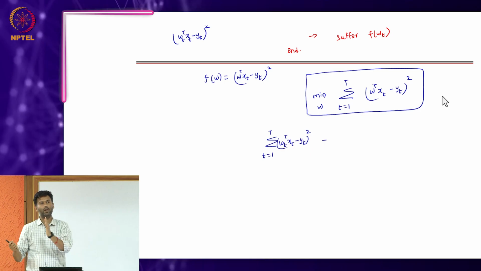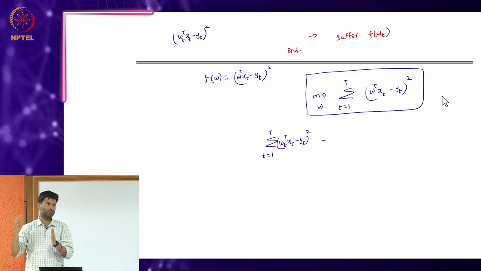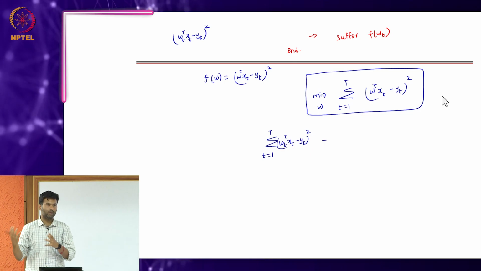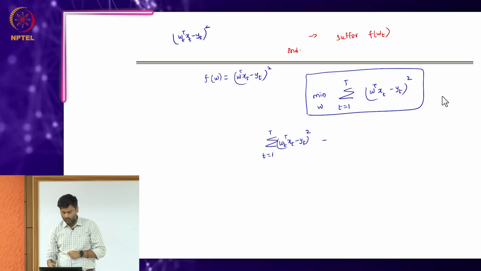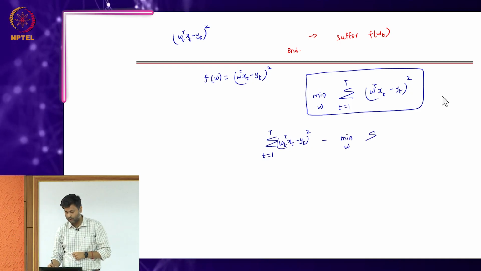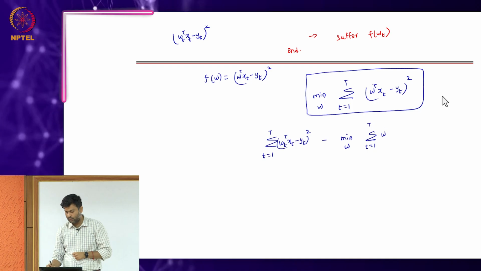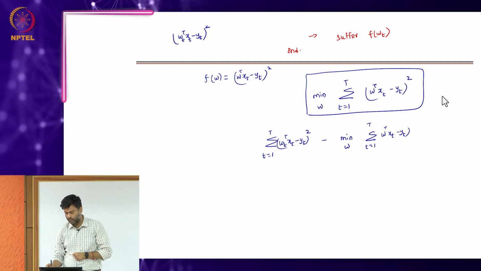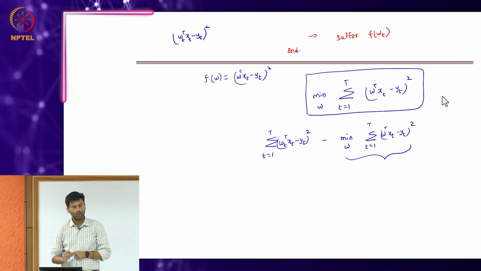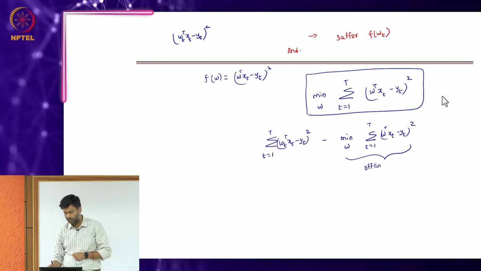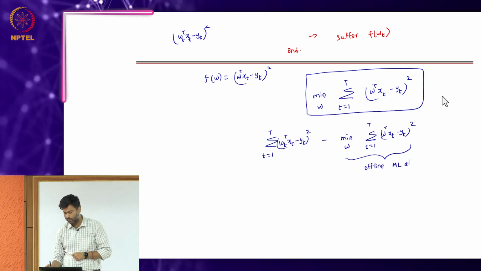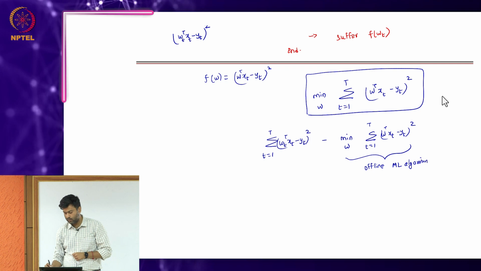How much is my online algorithm comparing with the best possible offline machine learning algorithm, right? So I want to compare this with the minimum over W of the sum over t equals 1 to T of (W transpose XT minus YT) squared. This is the best possible offline algorithm, the offline machine learning algorithm's loss.